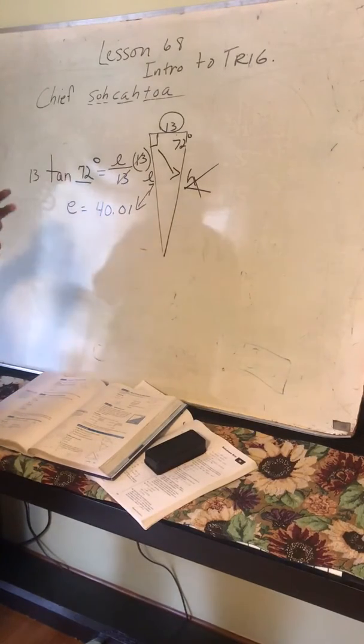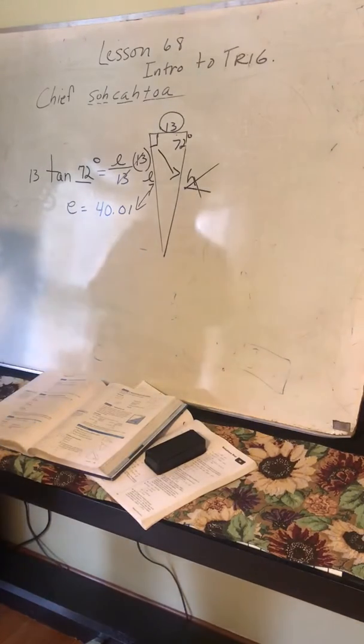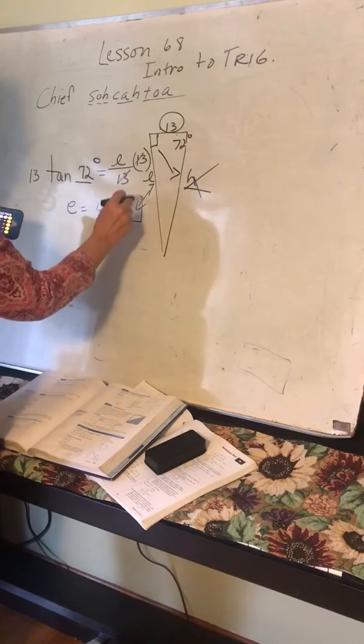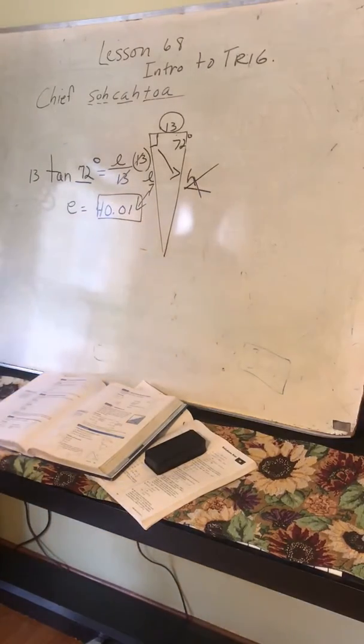Okay, for the phone here, I am putting in 72 tan, and then times 13, and that equals 40.01 rounded. So that's the answer for E.